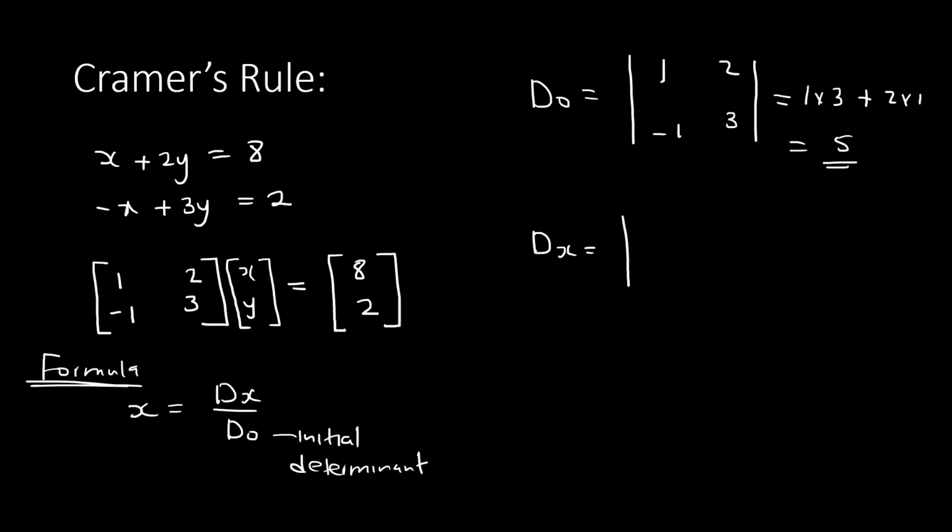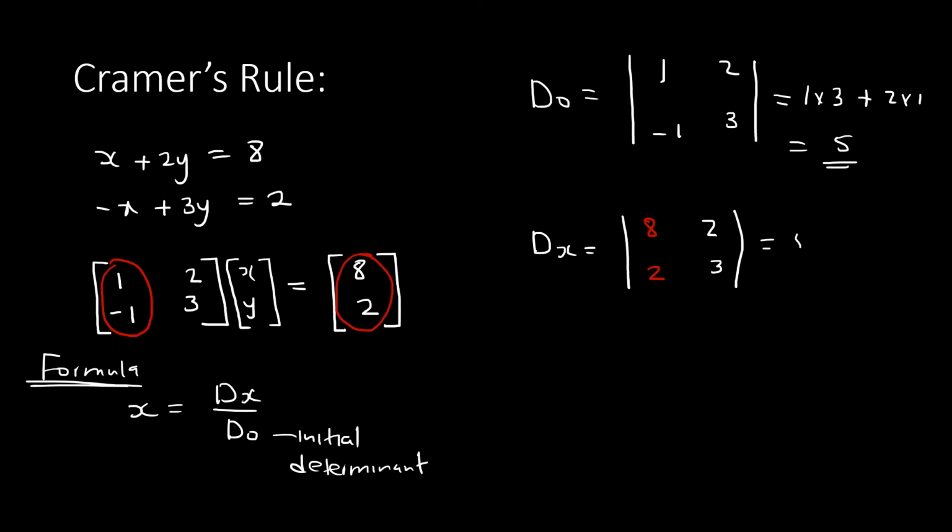Now, what about the determinant of x? This is important. What this means is you are going to take the coefficients of x and replace them with the answer. So instead of 1 and minus 1, I'll put 8 and 2. Then the other ones are still there exactly. Your 2 and 3, they are still there. Do you see?